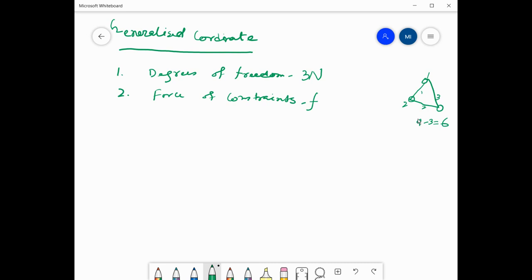So now the generalized coordinate. Now we consider generalized coordinate.